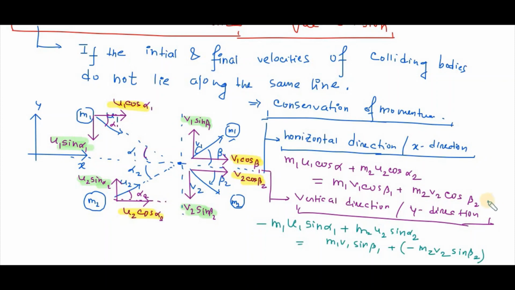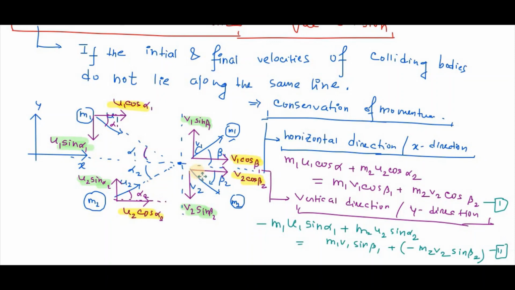So we have got these two expressions. This is the first equation and this is the second equation. These represent the conservation of momentum in case of two-dimensional or oblique collisions. If it is an elastic collision, then we can apply the conservation of kinetic energy as well.